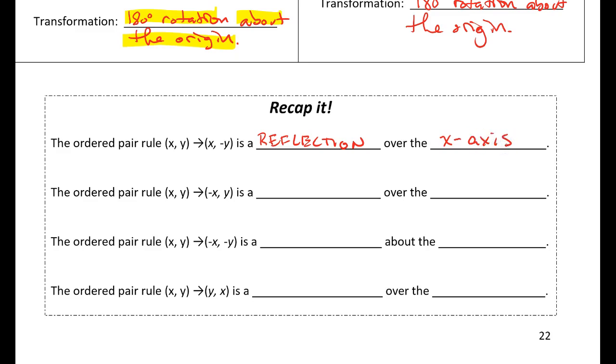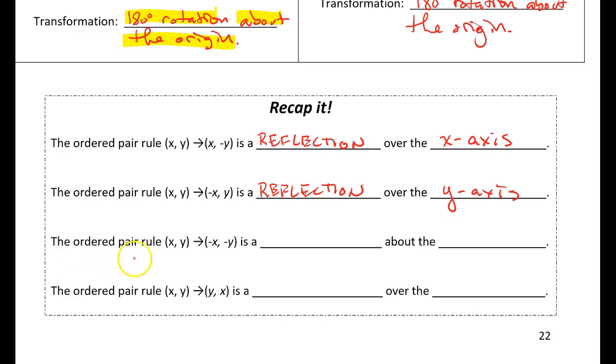Okay, and then if we do the ordered pair rule, xy changes to opposite of x, y. This is also a reflection, but in this case it's a reflection over the y-axis. Okay, and these are really much easier to see when you're looking at some example points on the coordinate grid, and that's usually how I do it as well.